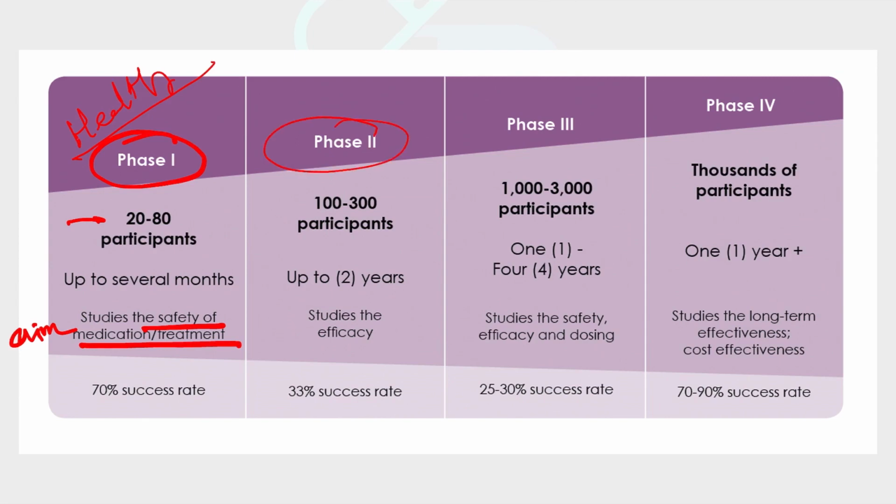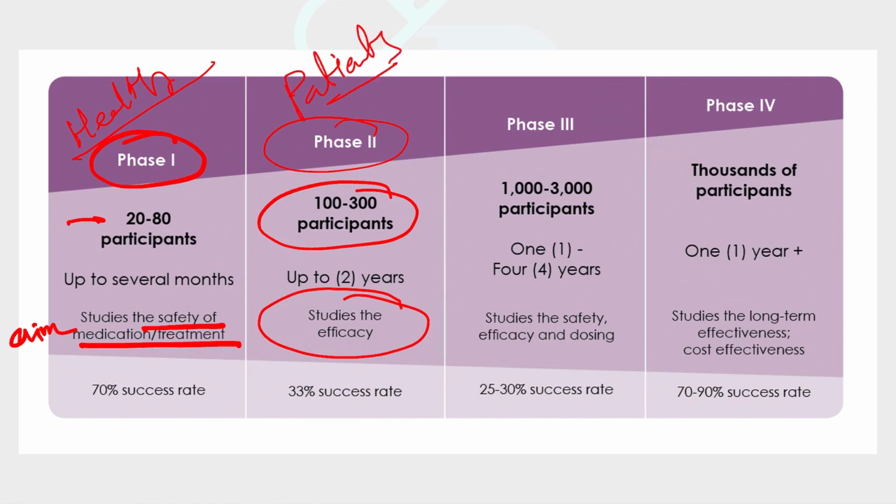Now, if we get promising results, the drug enters the phase 2 study where the participant number almost doubles. So here 100 to 300 participants get involved, and the main aim is to check the efficacy of a drug, how efficacious. So here we are introducing this drug into patients actually. So patients are involved here.